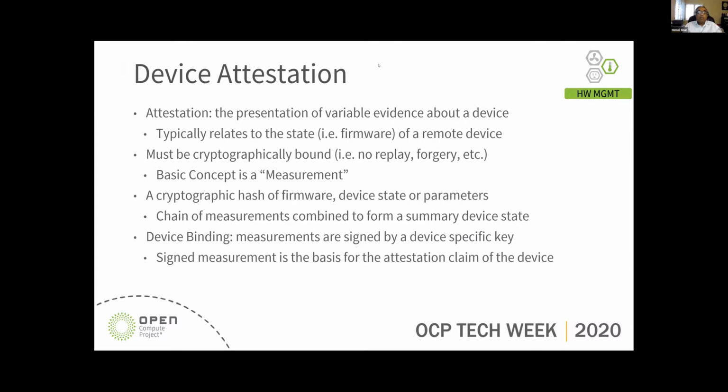The concept here is that you are measuring so that what you are attesting is that there is no replay, no forgery, or other attack, and the validity of that is verified. To get there, the mechanism you typically use is to take all this configuration, firmware, state, and parameters, and compute a cryptographic hash on it.